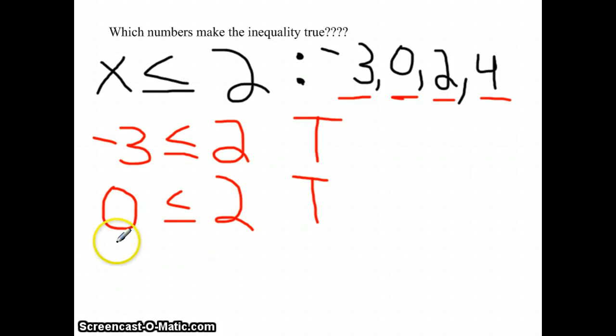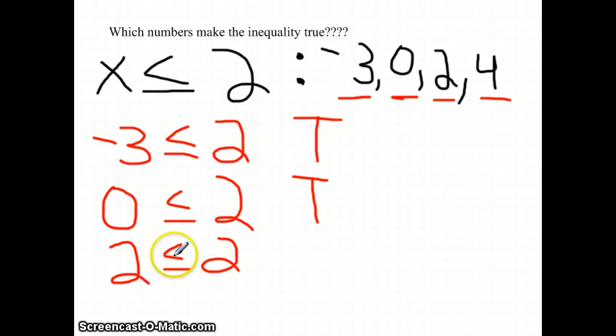Next we look at 2 is less than or equal to 2. Well, we have to think about what this is asking. It's not just asking less than, it's asking less than or equal to, and 2 is equal to 2, so that is also true. Now we look at our last one.